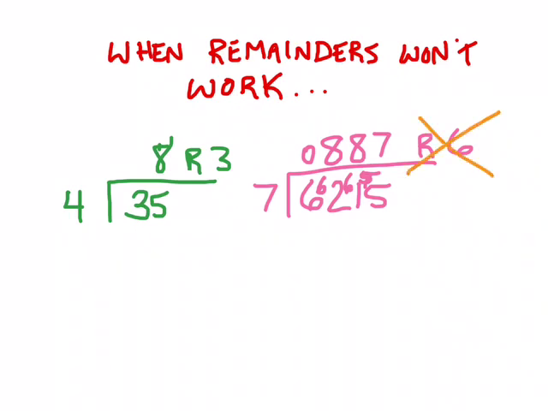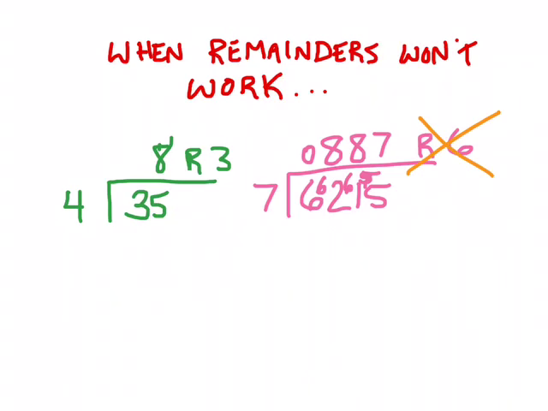Increasingly in math, we don't really see remainders all that much. That's why your calculator doesn't typically spit out remainders when you plug in a problem. Remainders are not something that we use frequently in math after this point.